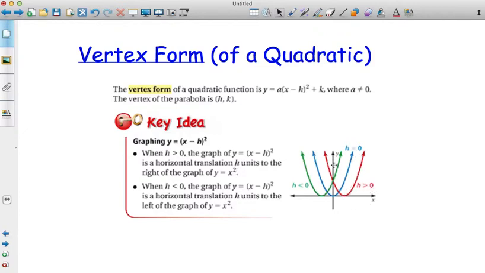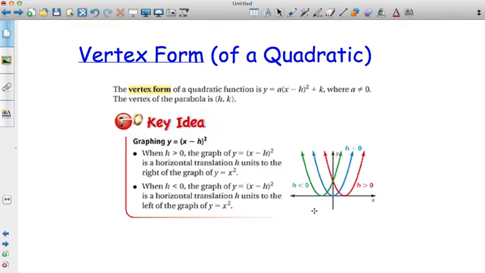That's the red one right here, of x squared. X squared is just your basic parabola right through the origin, with the line of symmetry being the y-axis. When h is less than 0, then it's a horizontal translation to the left, however many units that is.